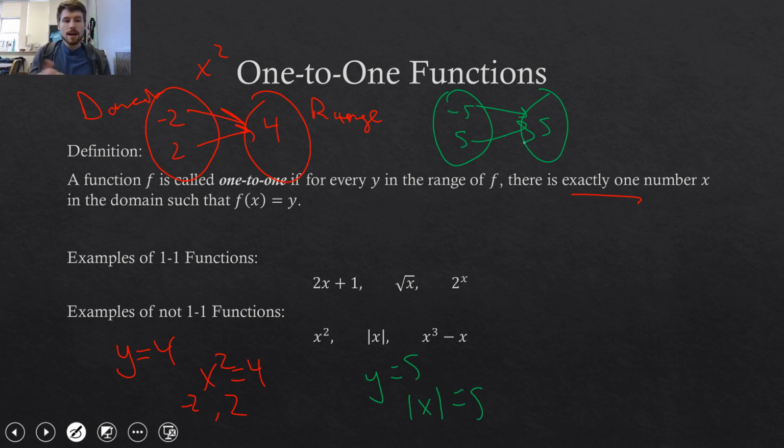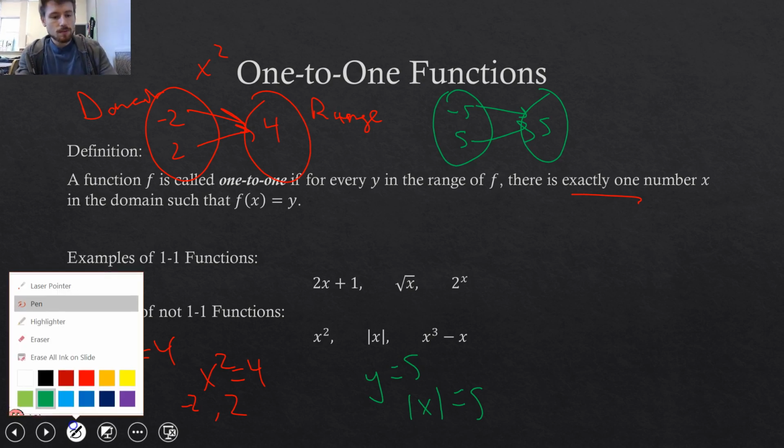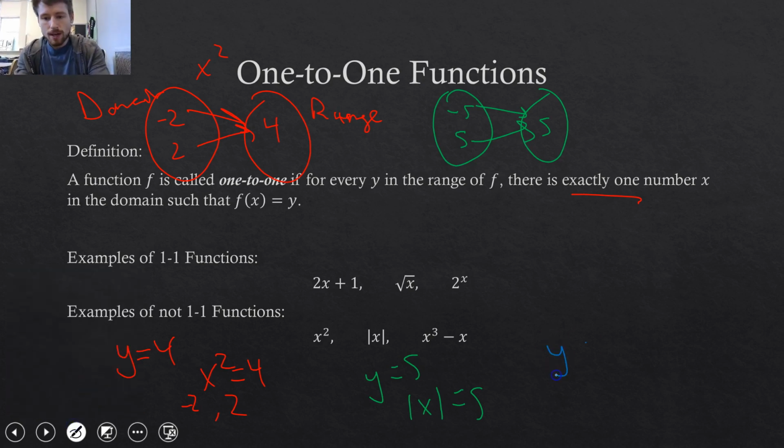Okay? X cubed minus x, also not one-to-one. This one's a little trickier to think of. But I could tell you that if y is equal to 0 for this one, y equals 0 has multiple x's that are going to get you that. For example, x equals 0 would be an answer because 0 cubed minus 0 equals 0.